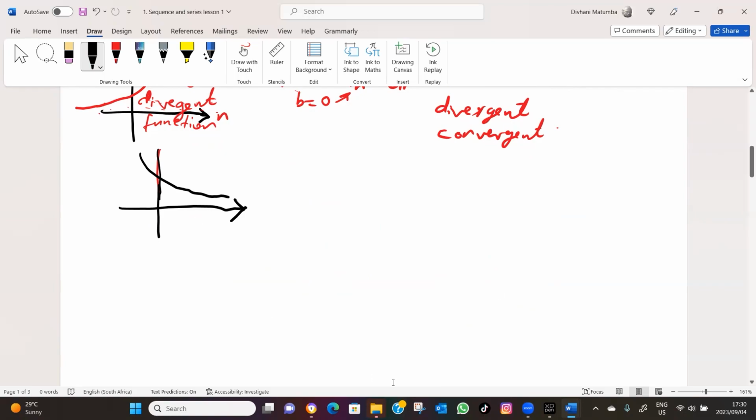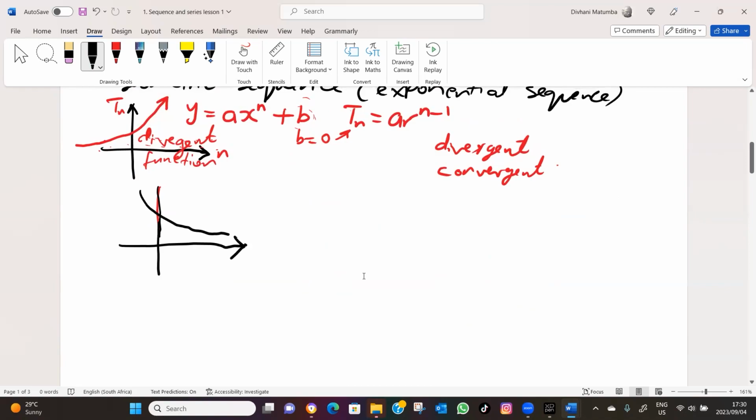And this exponential function will reach a certain value as the graph progresses.